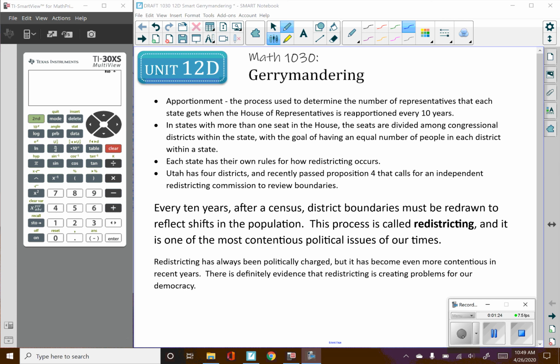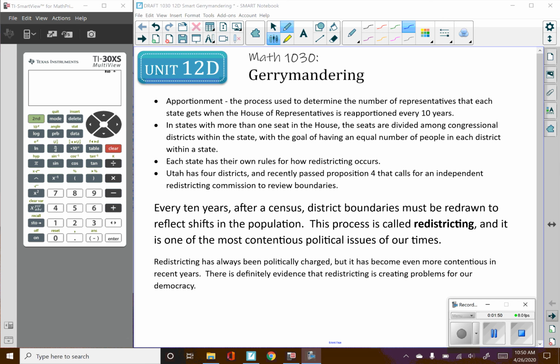And it's actually a very politically contentious issue. It's become more contentious in the last few years, but like in my lifetime, I've seen it get even more and more contentious. Definitely there is evidence that redistricting is causing problems in our democracy.